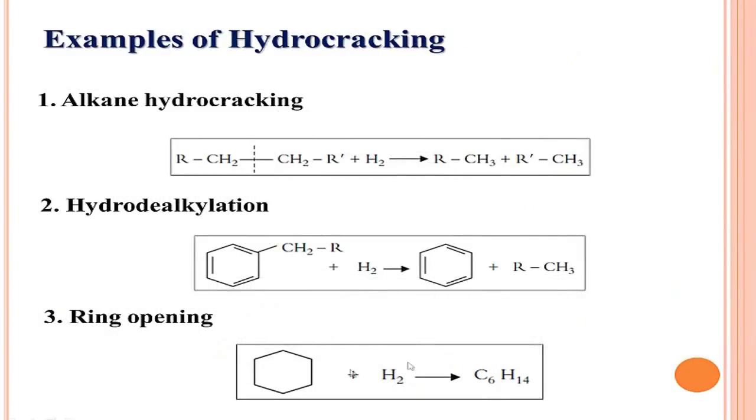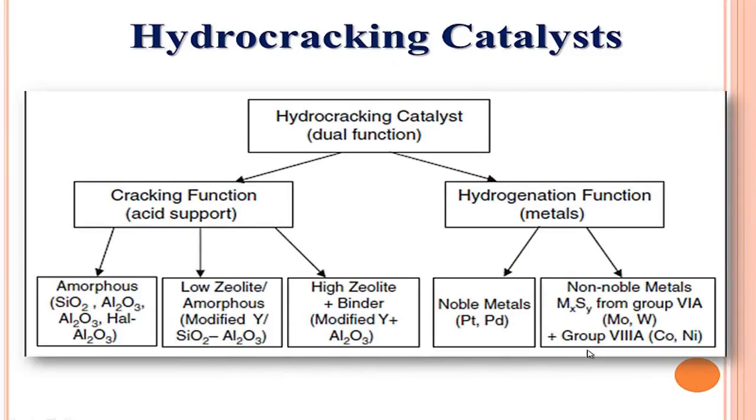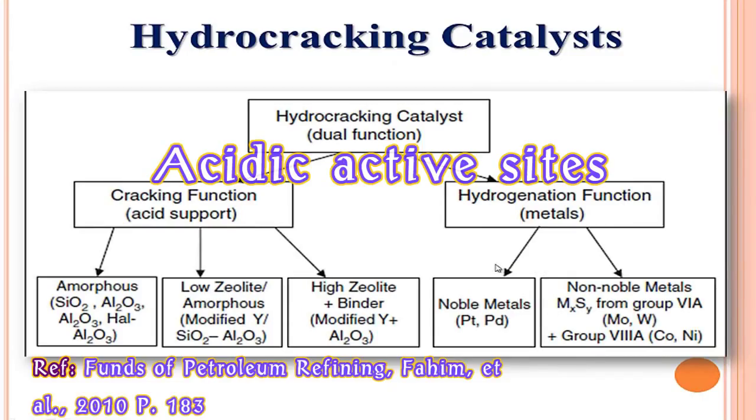Now when we look at these kinds of reactions, you can conclude that hydrocracking is the reaction that will produce more product, not improve the octane number. Hydrocracking catalytic function is provided by an acidic support, whereas dehydrogenation and hydrogenation function is provided by active metals.